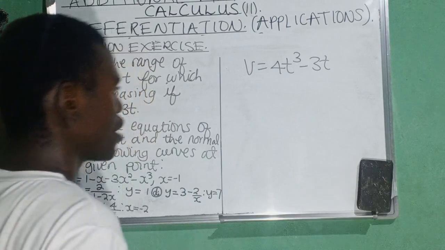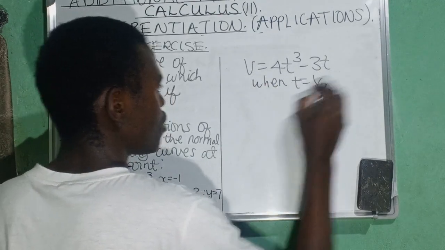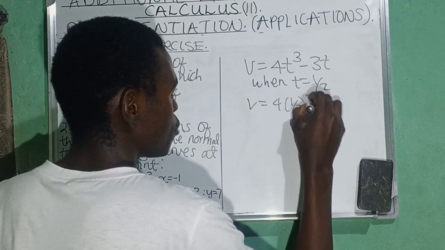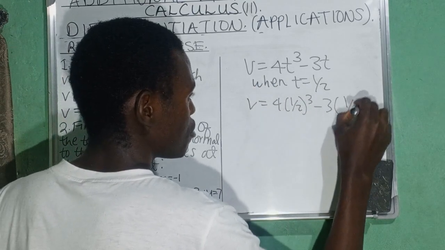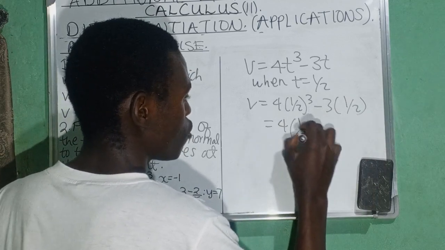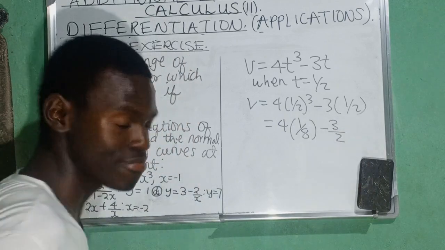So when t is equal to positive half, v is equal to 4 multiplied by positive half cubed minus 3 multiplied by positive half. It's going to be 4 multiplied by positive half cubed, which is 1 over 8, minus 3 over 2.